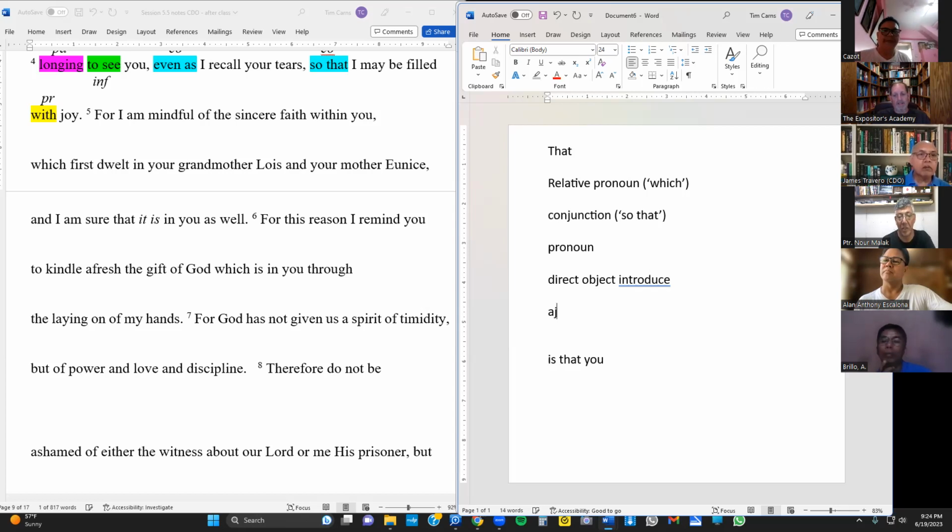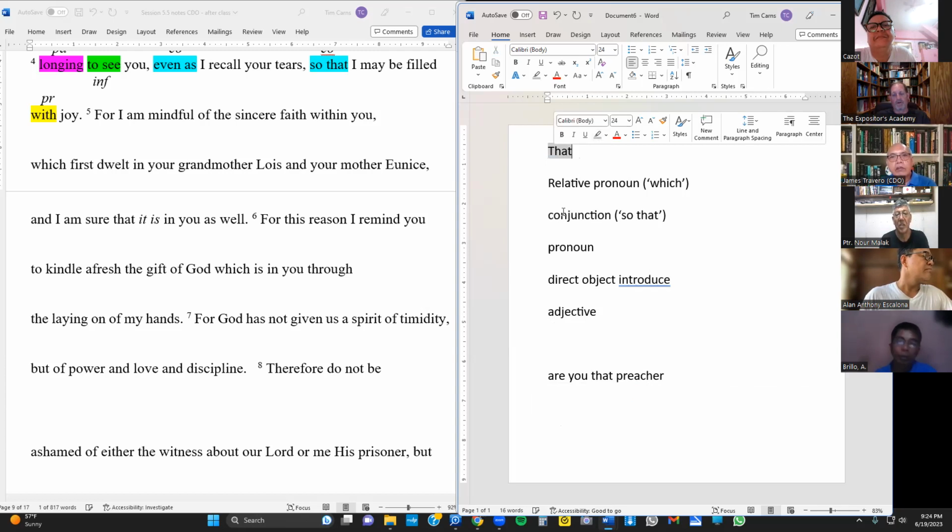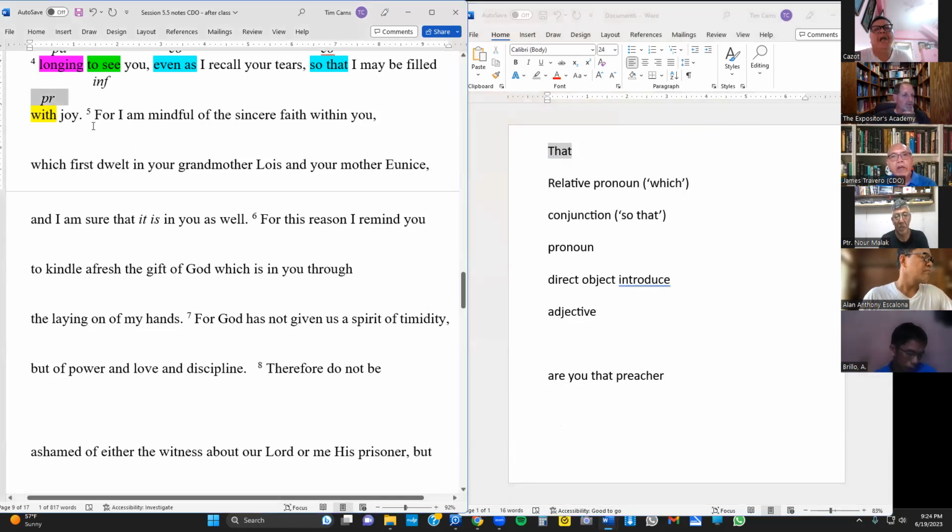Or it can act like an adjective. Are you that preacher? Where it's a pronoun modifying a noun. So the word that is a troublesome word in English. Its most common uses are as relative pronoun or conjunction.